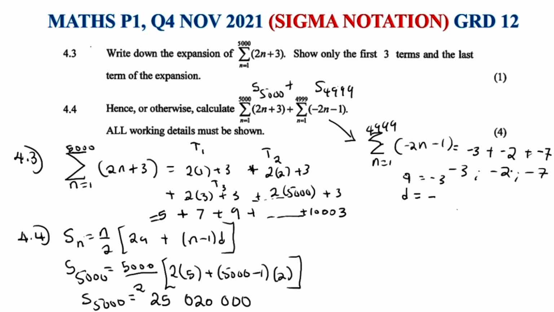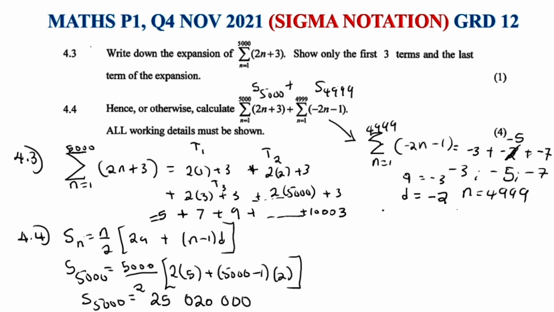When n is equal to 2, the difference here is minus 5. Okay, so I made a mistake here. The difference here is minus 5. Please have a look at that, guys. Please check my calculation. I know you guys have got calculators there, so please just double check what I'm doing. The difference, minus 5 minus minus 3, therefore you are left with minus 2 as the difference. And we know the number of terms is 4,999.